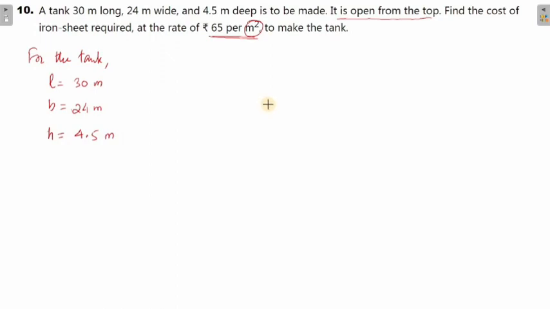So along with the 4 walls, we will find total surface area. So total surface area will be equal to area of the 4 walls plus we need to add area of the floor, isn't it? Area of the floor. Okay, now see here carefully, don't get confused.